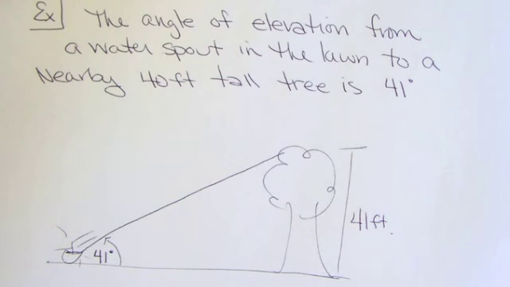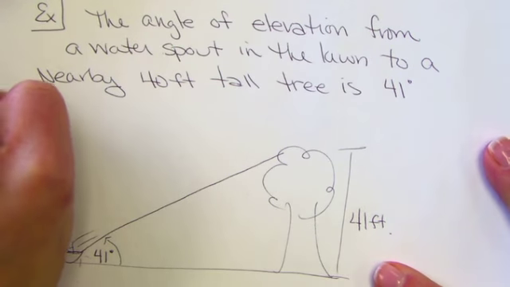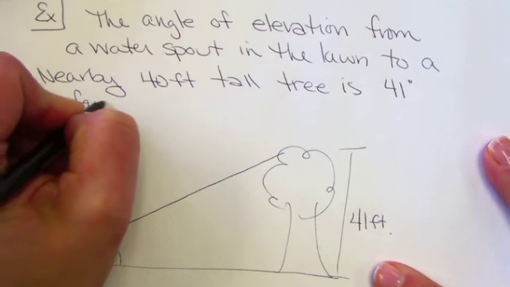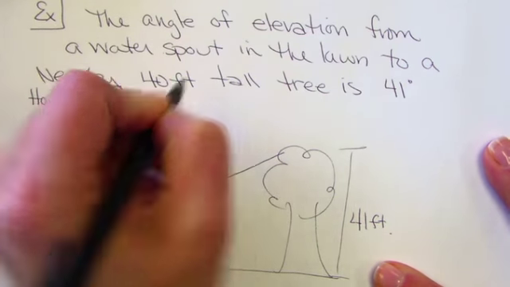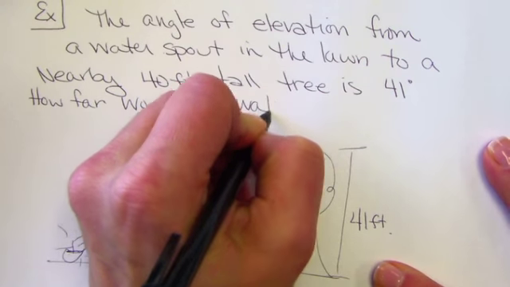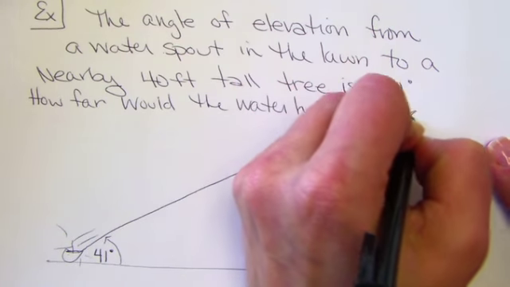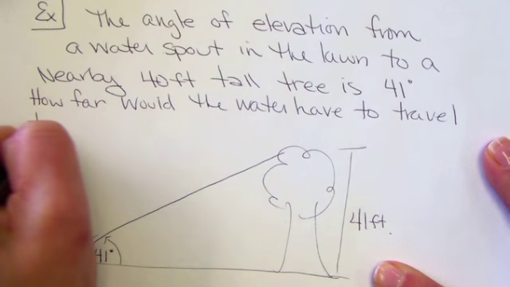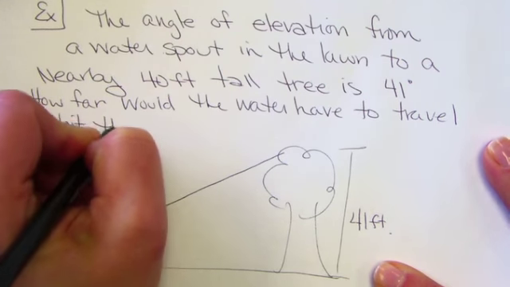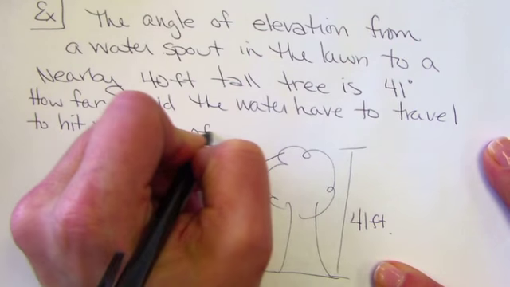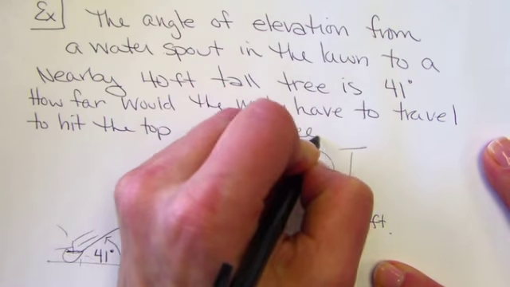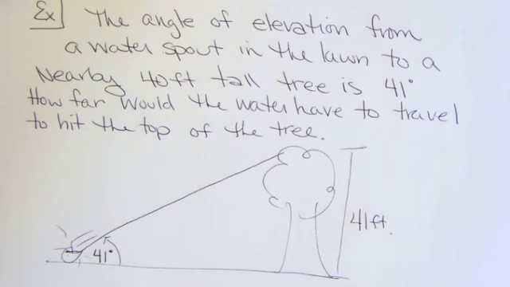Okay? The question is, how far would the water have to travel to hit the top of the tree? How far would the water have to travel that's coming out of this spout to hit the top of the tree?